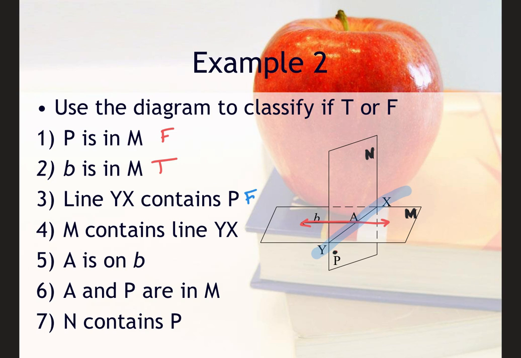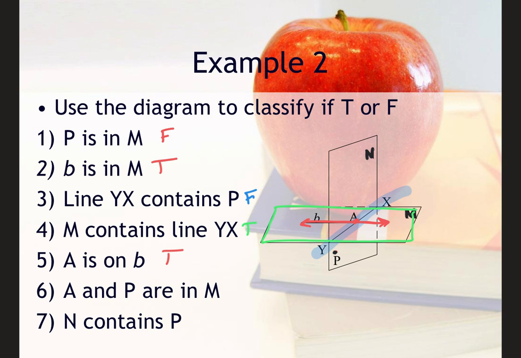M contains line YX. M is the plane, that horizontal plane, and YX does lie on that plane, so this is true. A is on B, so that's point A on line B, and that is true.